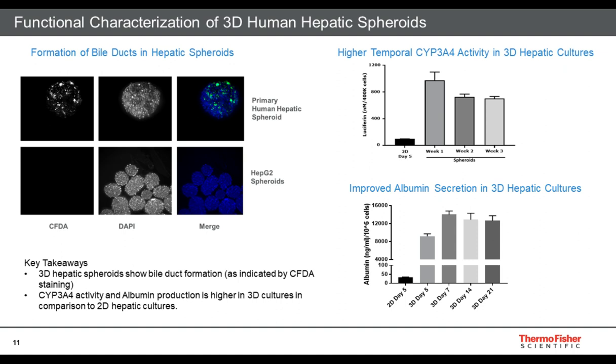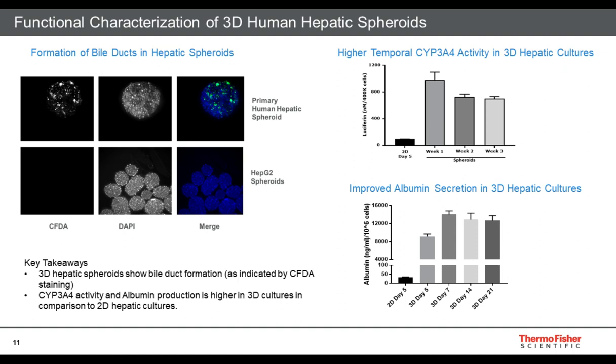Okay, so a little more functional characterization. In this case, we're looking at the formation of bile ducts via CFDA staining on the upper left panels. So what you can see is the top row is primary human hepatic spheroids.